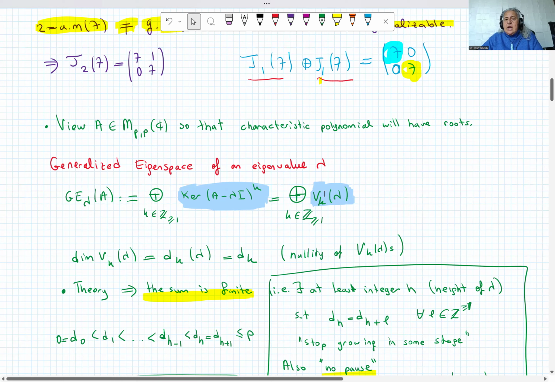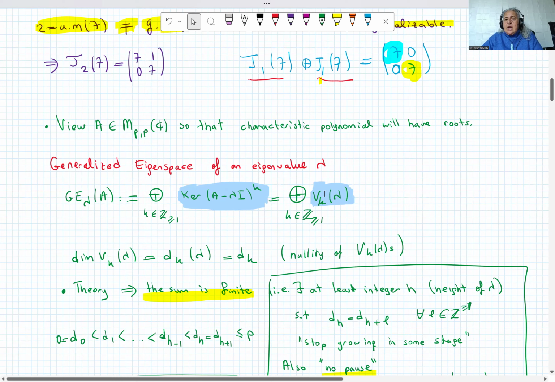Now, allow us to denote these spaces with V_k(lambda) for shortcut. The dimensions of these spaces follow some rules, so it's a combinatorial object.